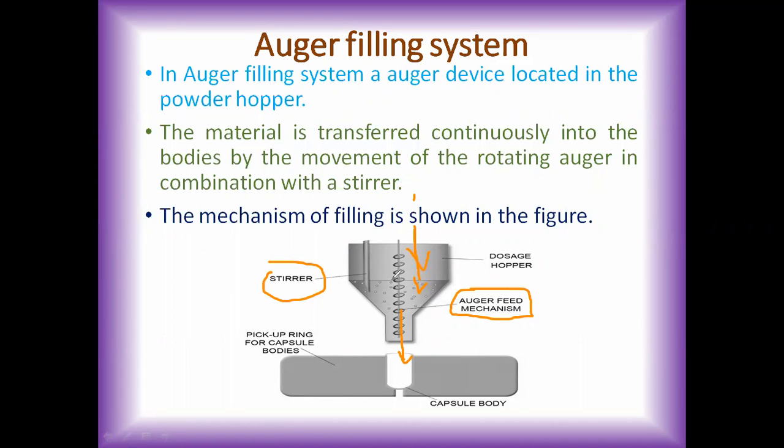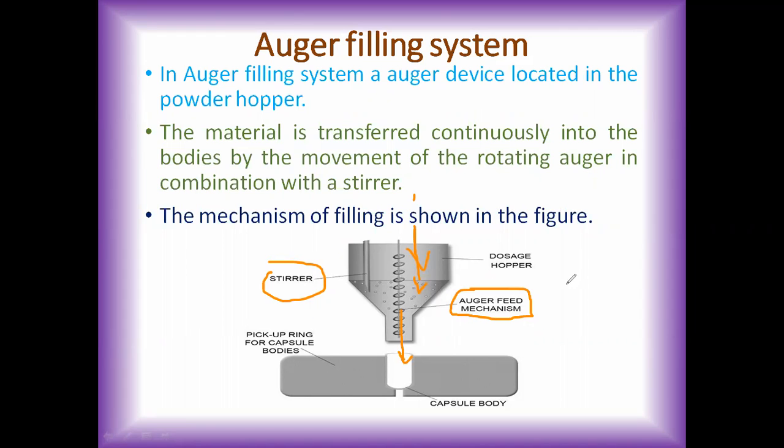So this auger is rotating in combination with the stirrer. So this is how the filling of material is done with the help of the auger filling system.